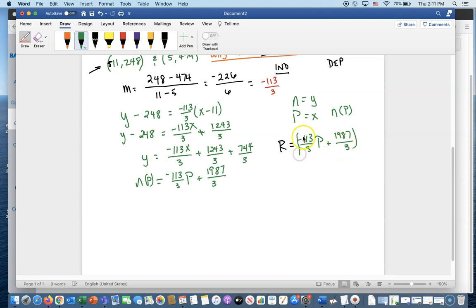Okay, this is our demand function, and we're going to multiply that demand function by p. All right, well, let's just distribute that p. It'll give us negative 113p squared over 3 plus 1987 over 3 times p.